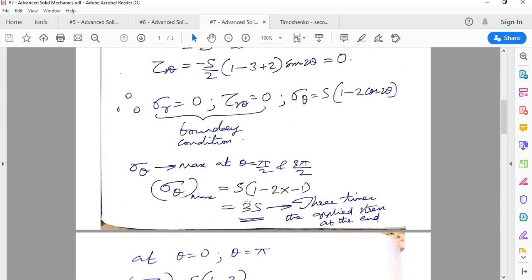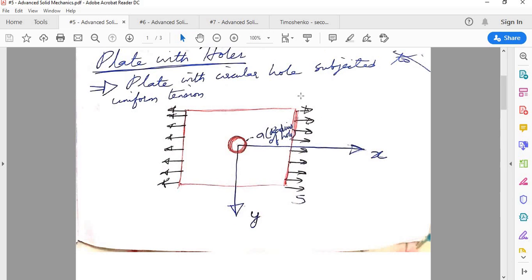Now, stress concentration, I can also ask you, what do you mean by stress concentration? Here you can see sigma theta is 3 times the external applied stress. The external applied stress is S. Generally you expect the same stress, but due to the effect of the hole, here sigma theta is 3 times the stress and it reduces, right?